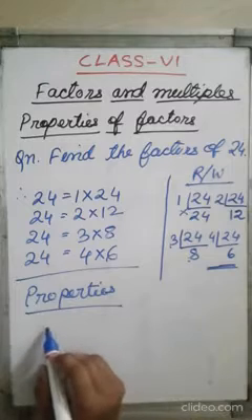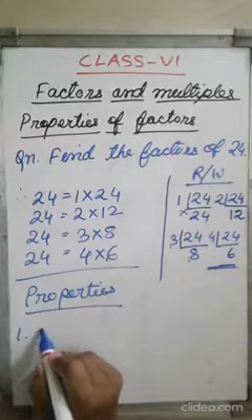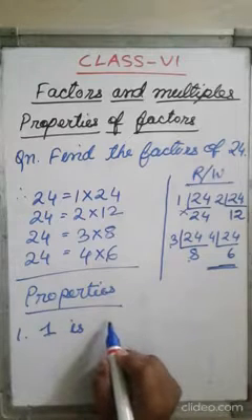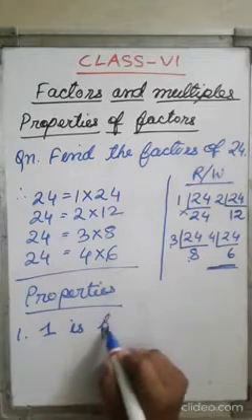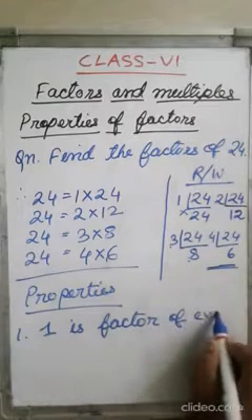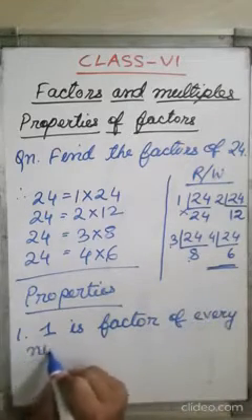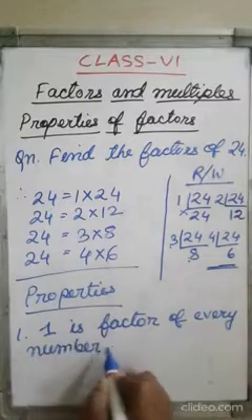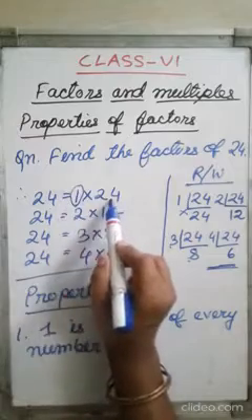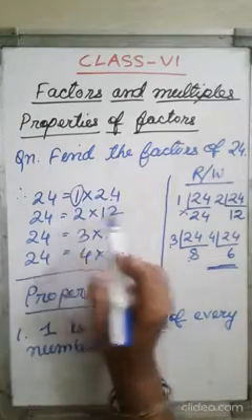Number 1. 1 is a factor of every number. So you can see 1 is a factor of every number.